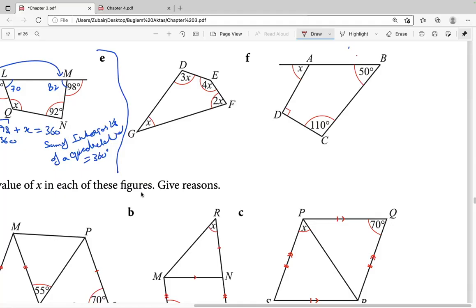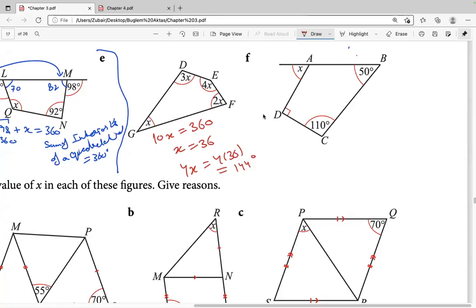Would it be like we add all the x's together so it equals 10x and then it equals 360, and then it would just be 36 for x? 36 would be X, and same reason. Sometimes the question may have a second part that asks to find the value of the largest angle. What could it be for the largest angle? Correct, 4 into 36. Okay, if it was just asking for one of the angles.